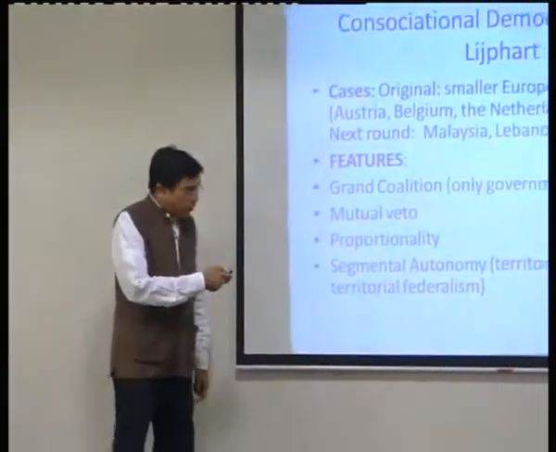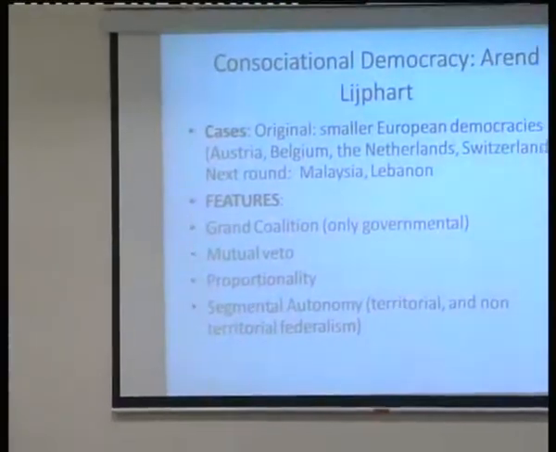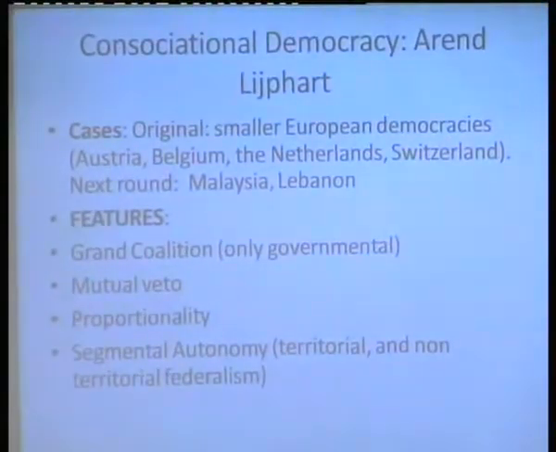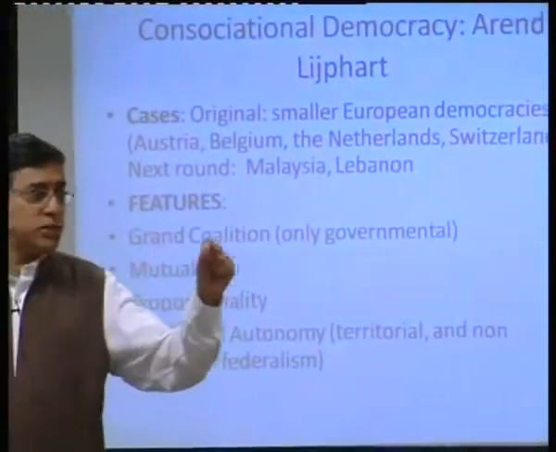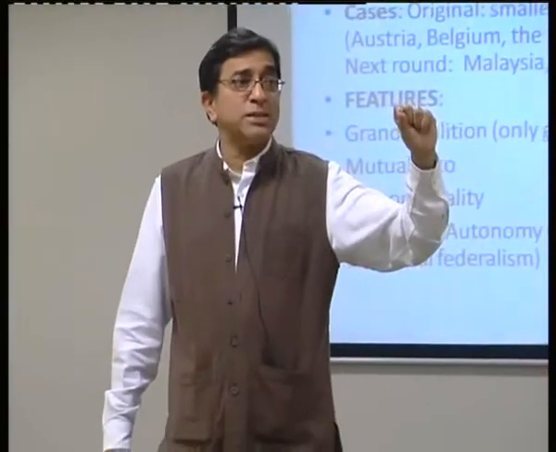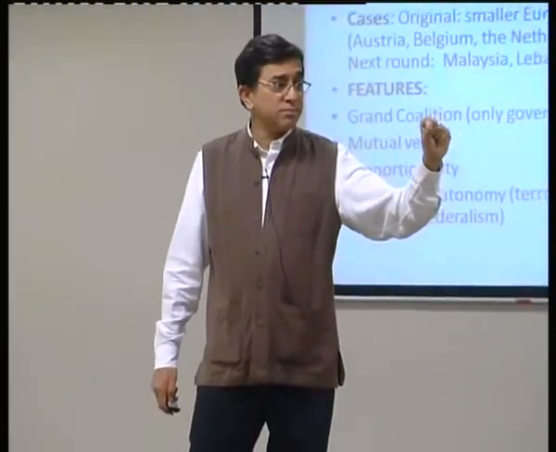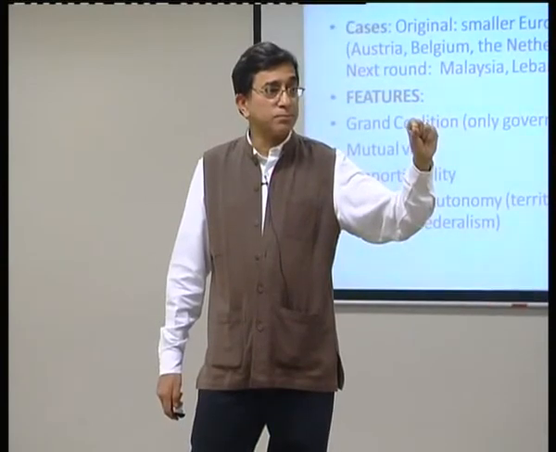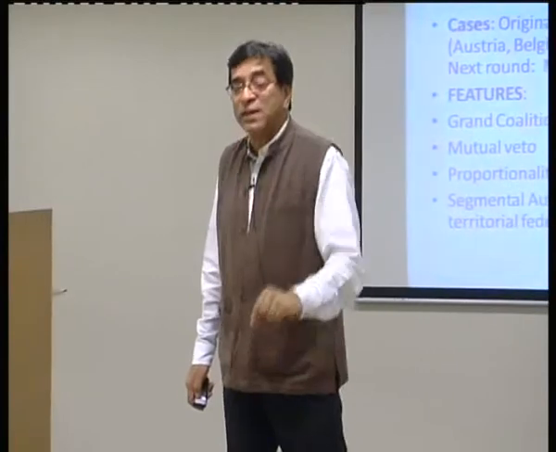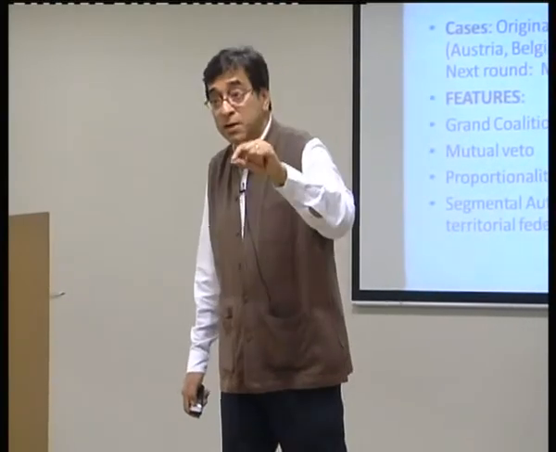The features of these democracies are, first of all, a grand coalition. All major segments or ethnic groups, segments they use, and ethnic groups, because in one of the cases the dispute was between right and left. So all major segments are given a seat at the high table in government.